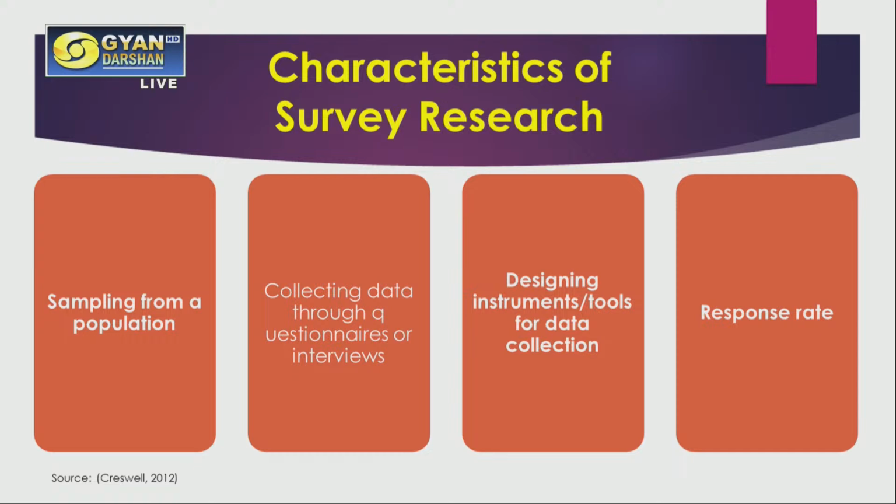You will collect data through maybe questionnaires or interviews, the popularly used. The next is you will design the instrument which you are going to use in your study. Instrument or the tool. Tool is the most accurate, appropriate term in case of social science research.